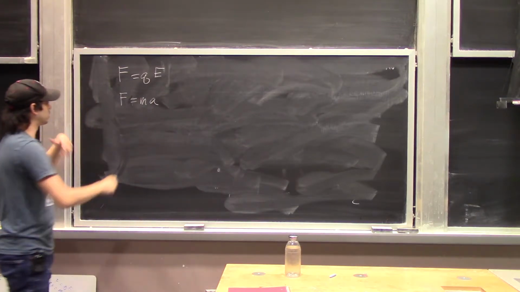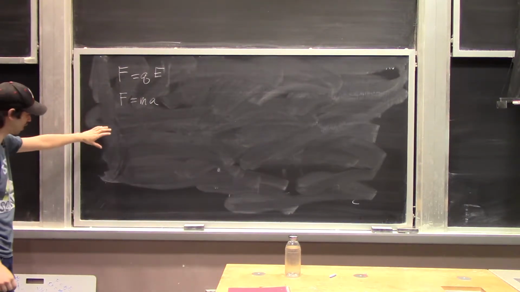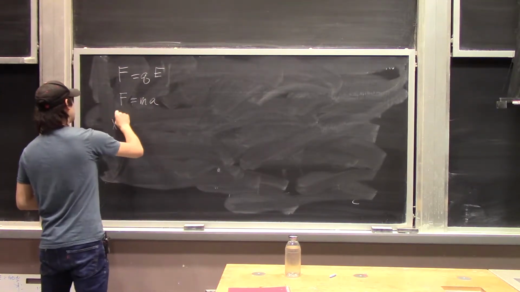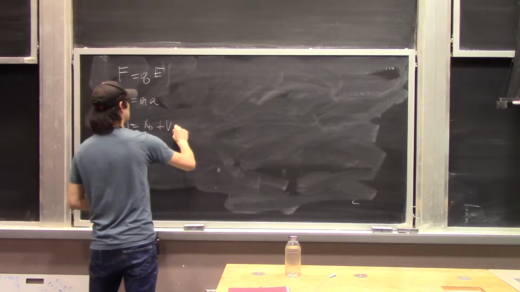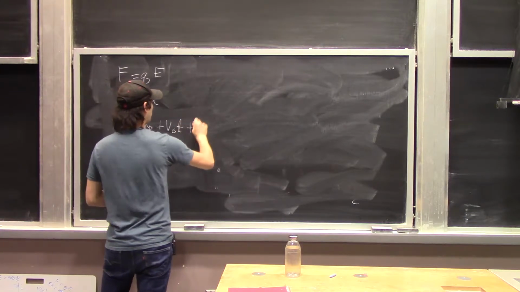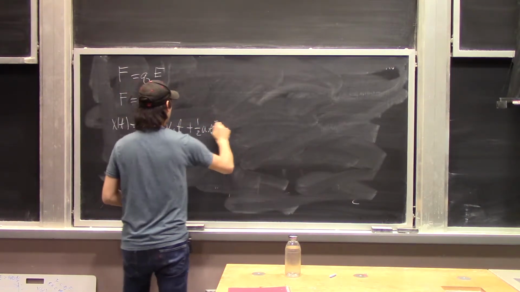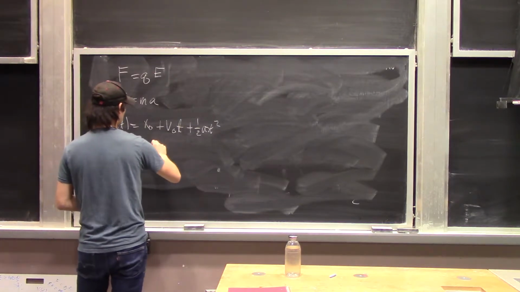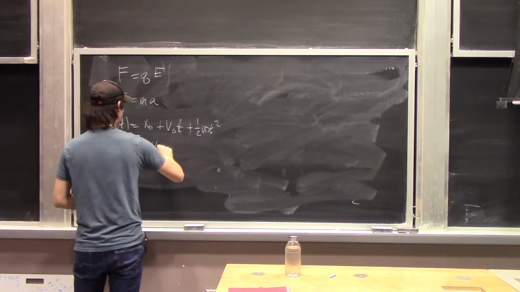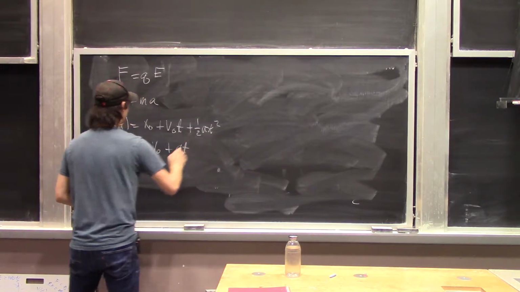And then we could use this in conjunction with our kinematic equations to say that the position as a function of time was equal to the initial position plus the initial velocity times time plus 1/2 a t squared. And the velocity as a function of time was equal to v0 plus at, okay?